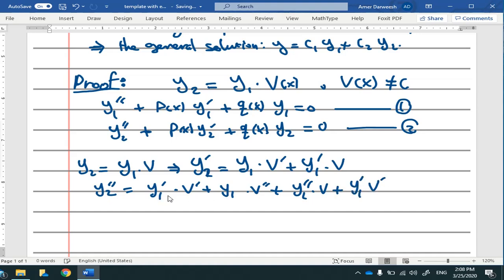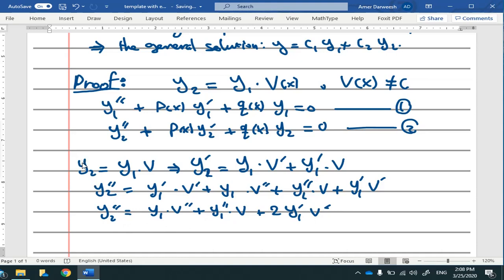Combining like terms, I can simplify y2 double prime to be y1 times v double prime plus y1 double prime times v plus 2 y1 prime v prime.